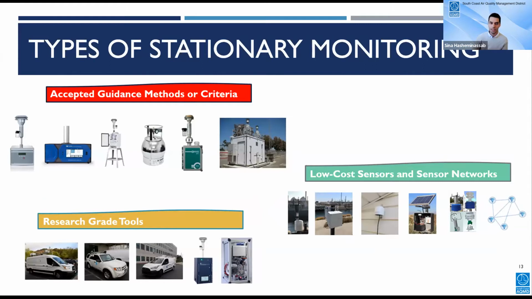But in addition to that, we do use advanced research grade tools as well. And the reason that you see the picture of mobile platforms here is that we use them in stationary modes as well to better characterize emissions from certain facilities or in some areas of concern. And again, low-cost sensors are another great tool that could complement the other two sets of monitors for stationary monitoring.